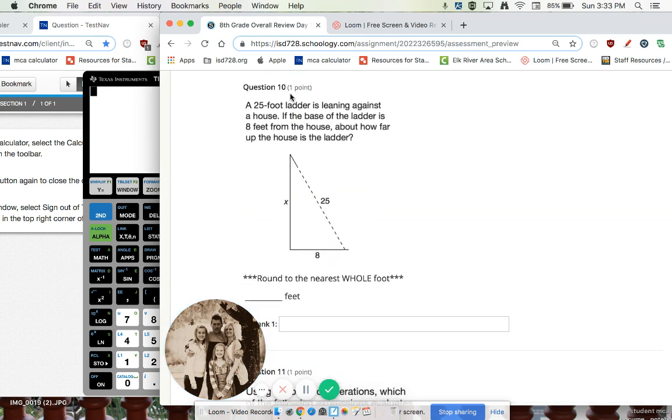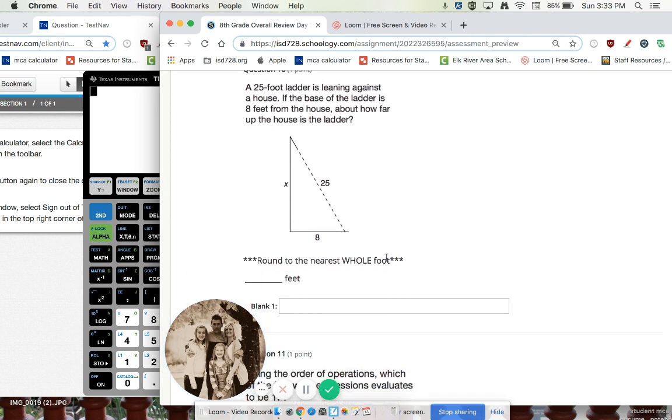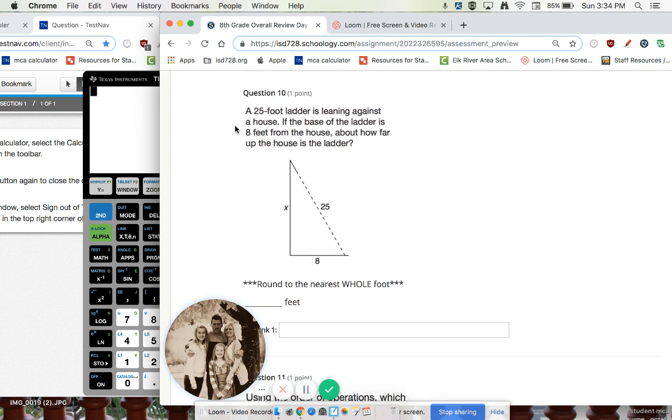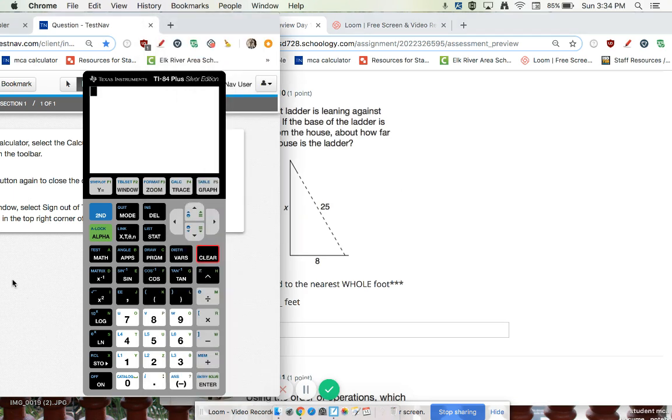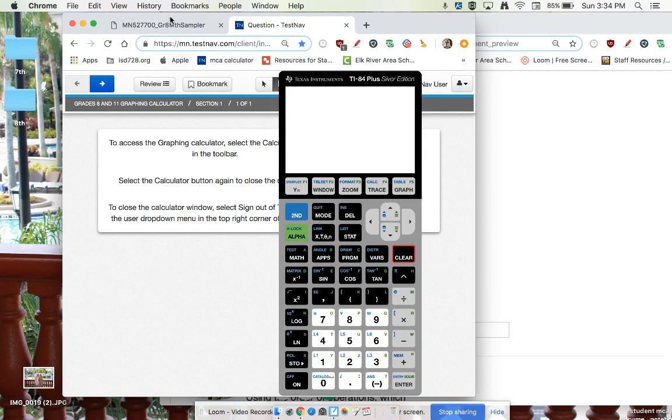Okay, number 10. A 25-foot ladder is leaning against a house. If the base of the ladder is 8 feet from the house, about how far up the house is the ladder? And then I have round to the nearest whole foot. So if you're confused on how to handle this, even though we just had a little mini unit on it, you can always say, is there a formula I can use?